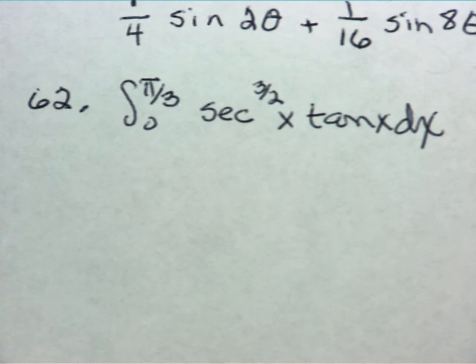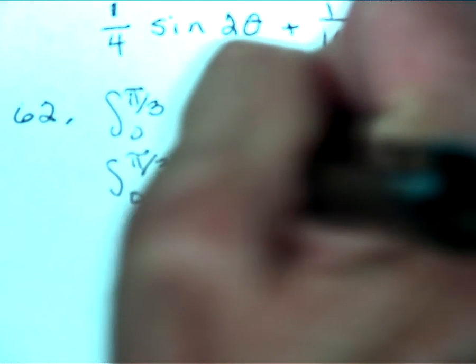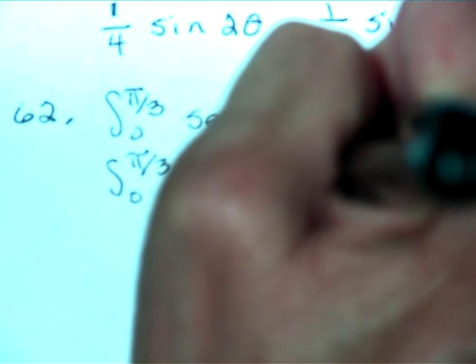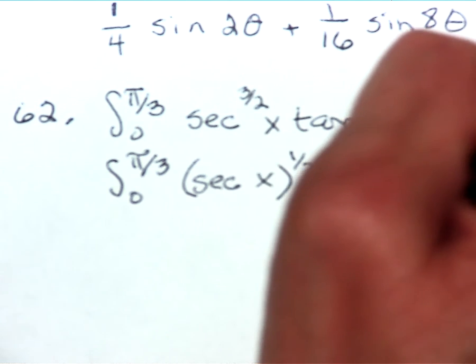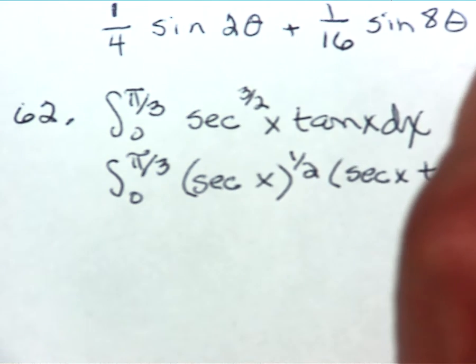Okay, tell me what you're thinking you need to pull out of that. Yeah, I'm thinking I'm going to need a secant tangent at the end, and then at the beginning I'll just have secant to a power. So, secant x to the 1/2 times secant x tangent x dx.